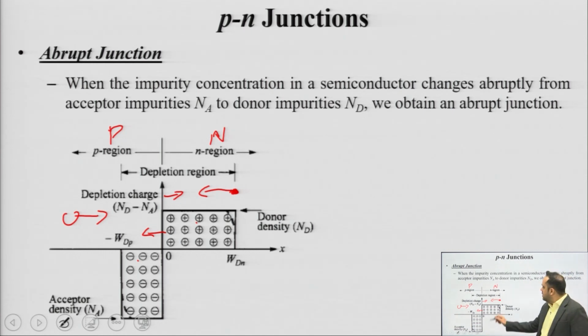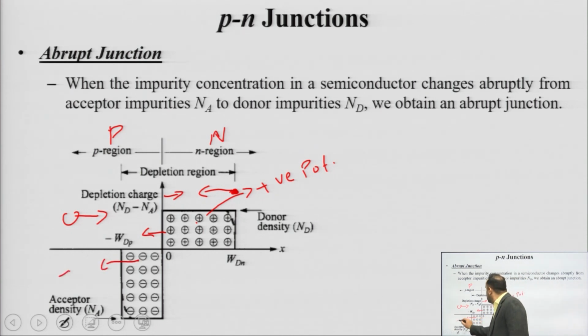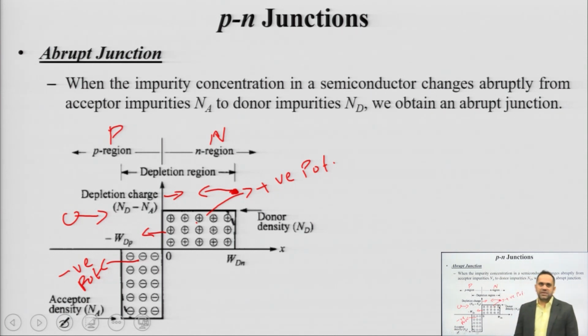This sort of creates a potential difference, because you have positive potential here and you have lot of negative potential here. This accumulation of charge creates potential, because there is two types of charges. So, it is a potential difference, a voltage has been generated.